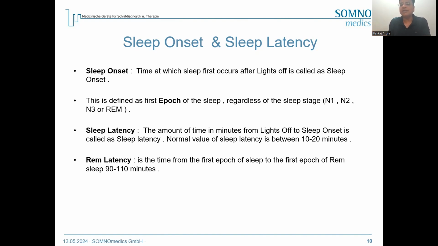So his REM latency was 70 minutes in this particular case, as an example which I'm trying to give you. But in normal cases, REM latency is between 90 to 110 minutes.